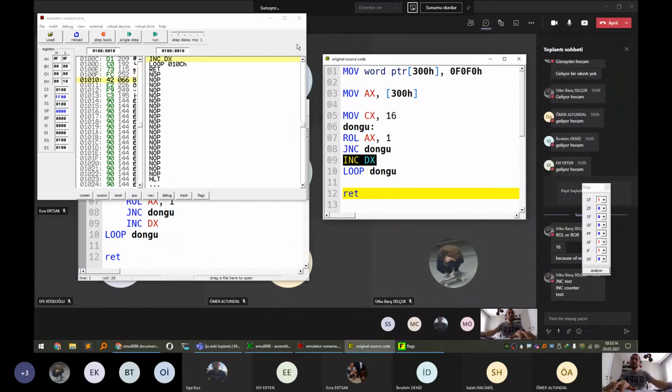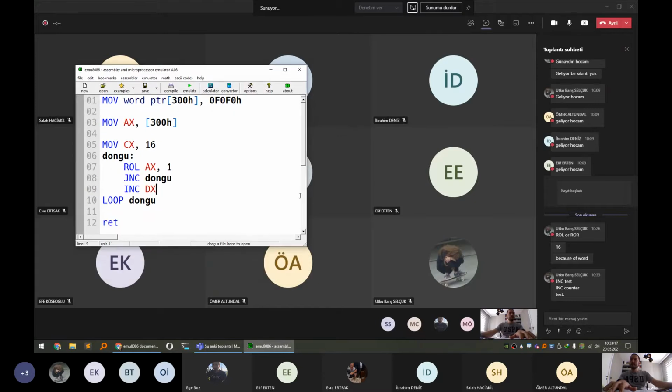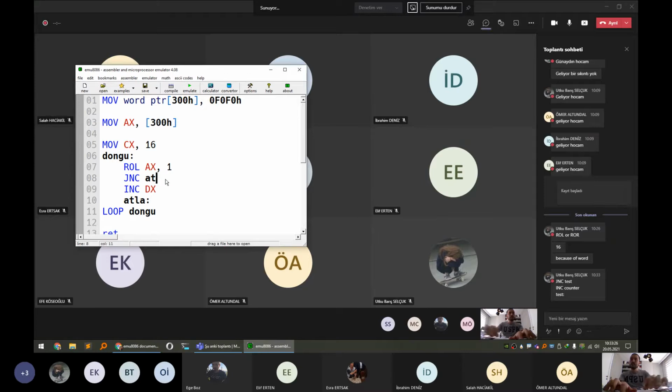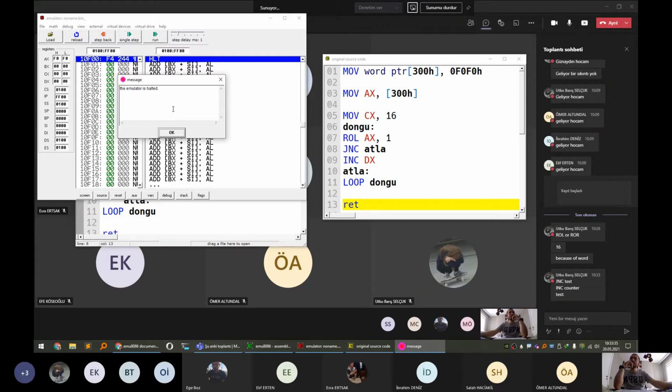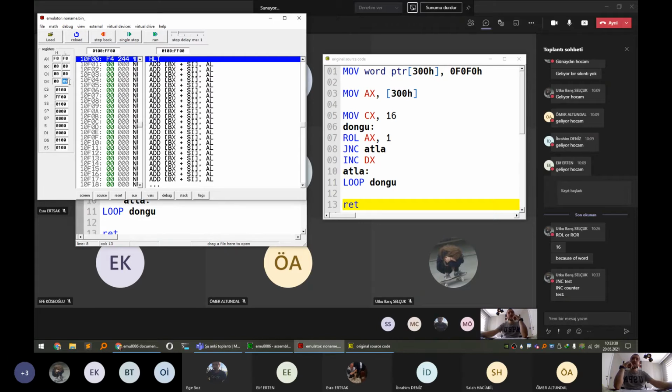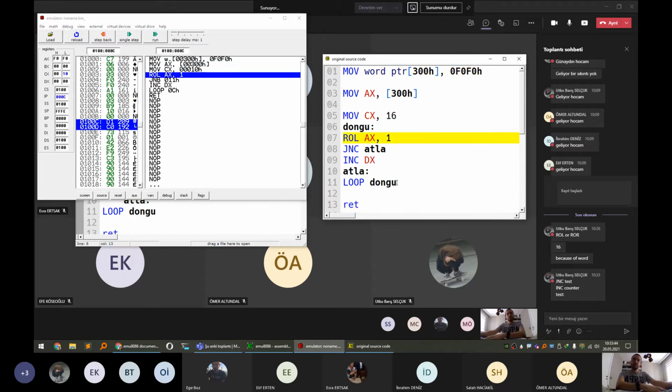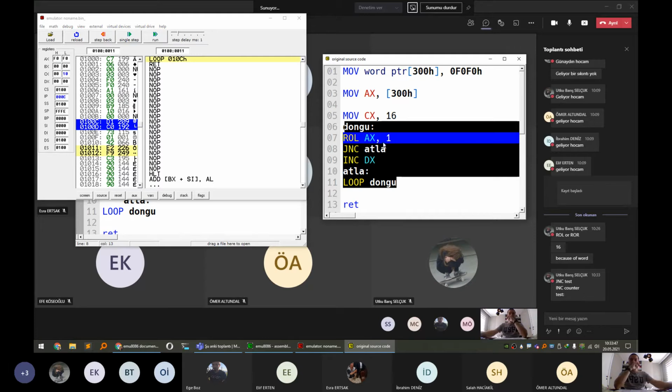It should miss this increase line. So let's say we have a label in here. Yeah, this will be more appropriate. Yeah, dx is 8. This whole loop should run 8 times. There shouldn't be a jump to the beginning, but there may be a jump at the end.